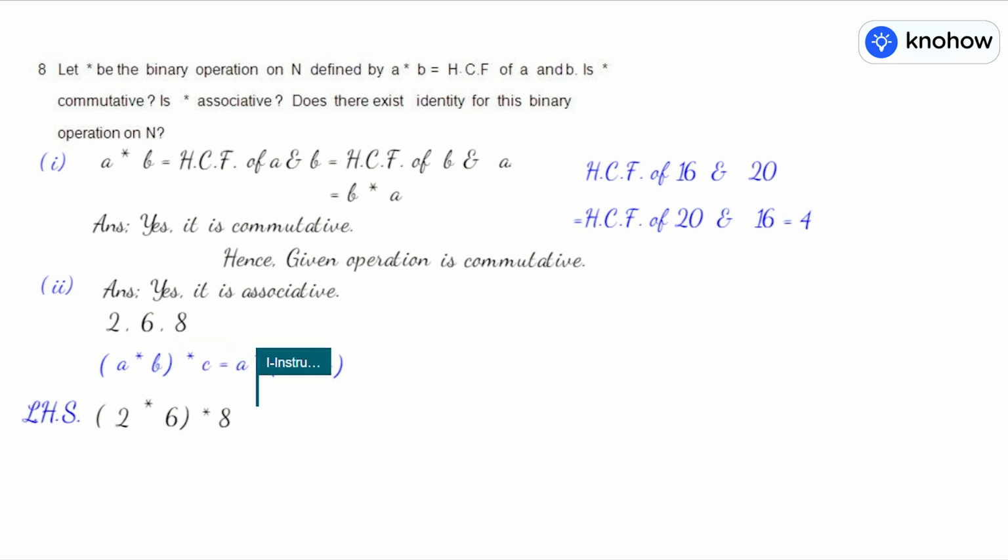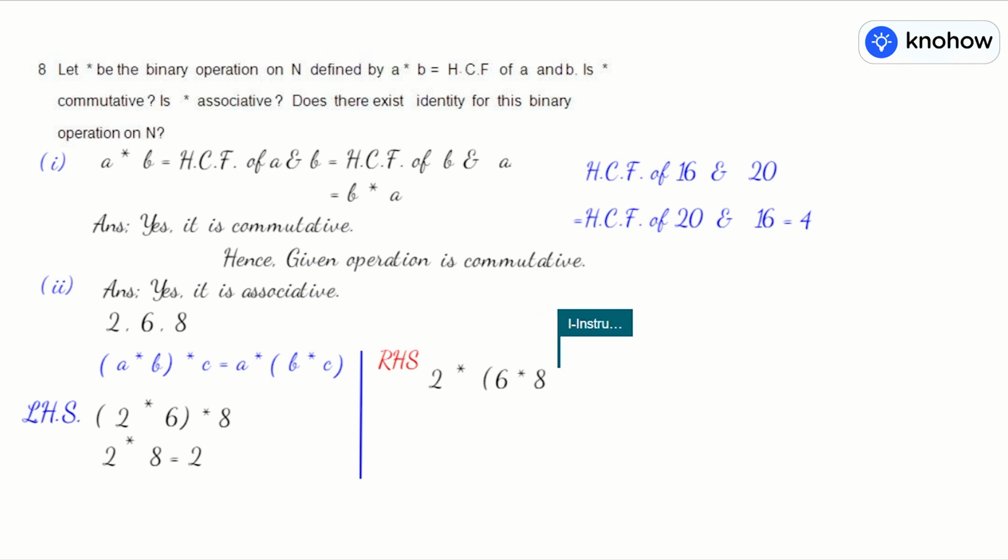What is the HCF of 2 and 6? 2. And then the HCF of 2 and 8 remains 2. On the right hand side, it will be 2 star (6 star 8). What is the HCF of 6 and 8? 2. And now the HCF of 2 and 2? 2 only. So either way we get 2. So we can conclude that the given operation, the HCF of two numbers, is associative. We could directly say so, but in any case I have proved it with the help of an example.